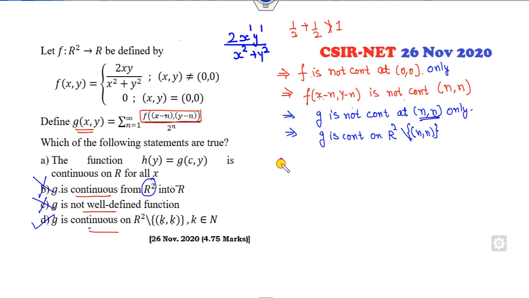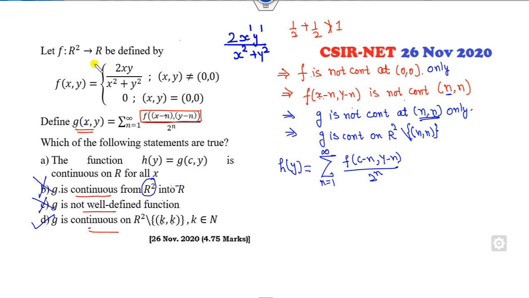What is h of y? It is g of (c,y), where x is my c. So it is f of (c−n, y−n) divided by 2 raised to power n. Now the function is not continuous only at n, but it is not n here. How can you check whether it's continuous or not?